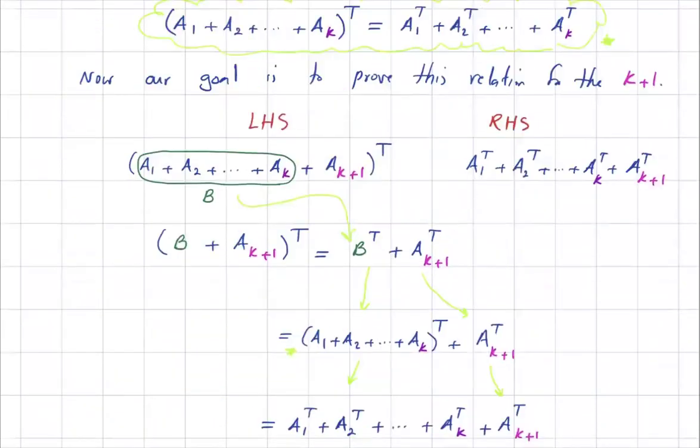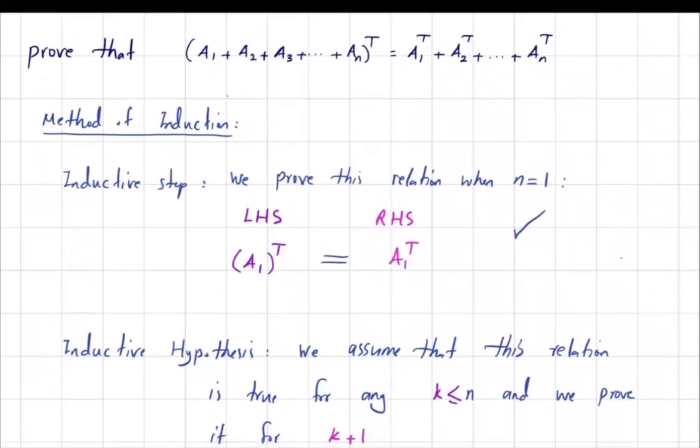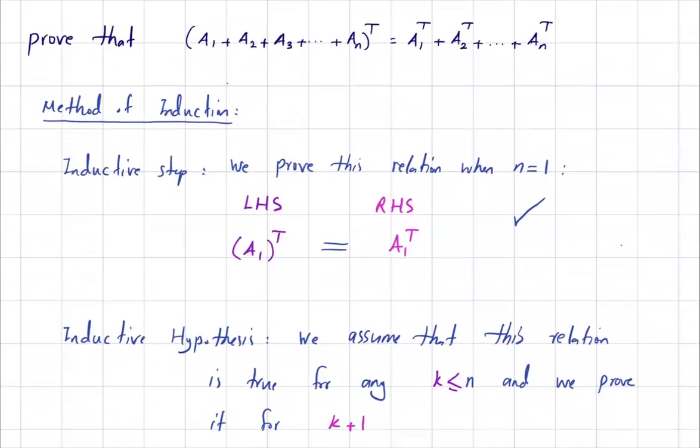So let us recap what we did. We wanted to prove that the transpose of A1 plus A2 plus A3 and so on is equal to the summation of their transpose. We used the method of induction. In the inductive step, we proved the relation for the smallest value in the domain, which in this case is 1.